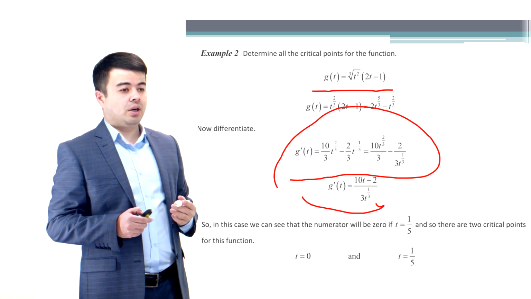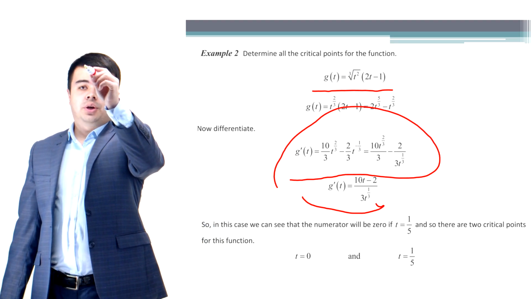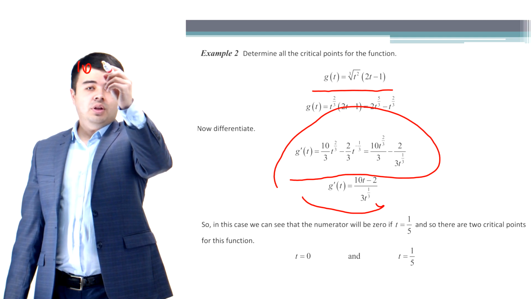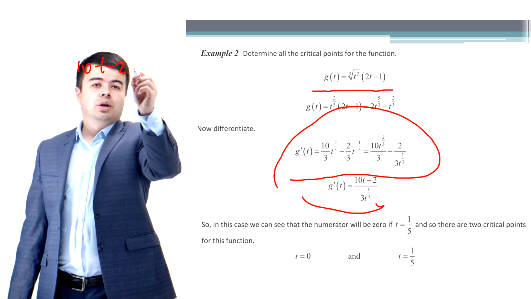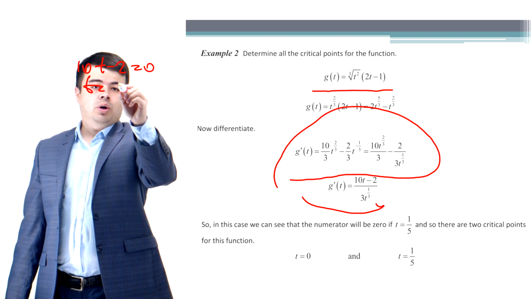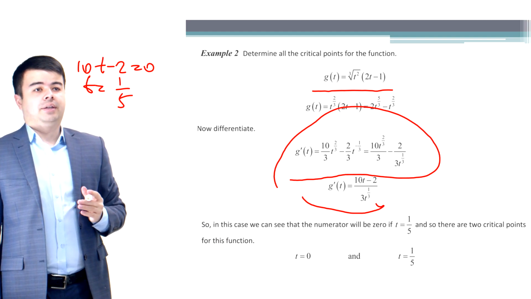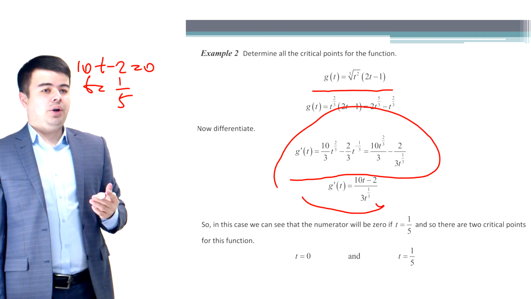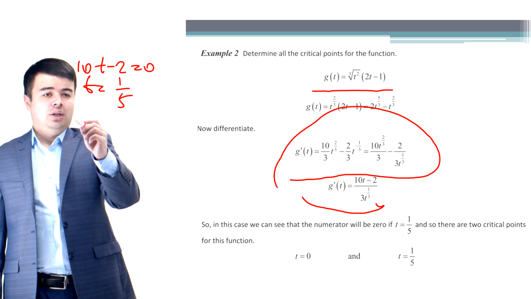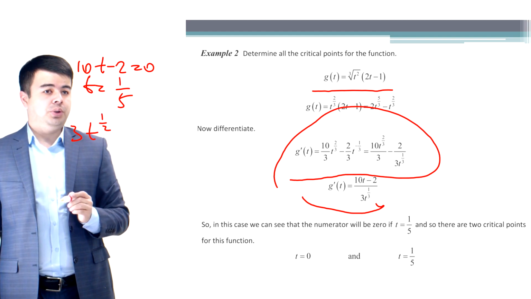In our case, after equating, as you can see, we have 10t minus 2 equal to 0. Then t equals 1 over 5. So this is the first critical point. Then to find the next one, at the denominator we have 3t to the power of 1 over 2.